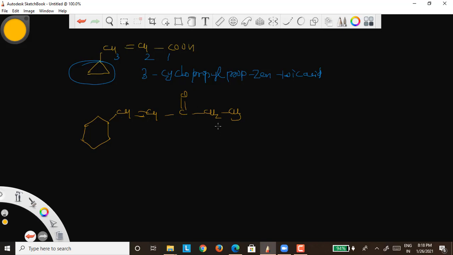So you should number the minimum number for ketone. But this way 1, 2, 3, and this way also 1, 2, 3. So ketone 3 is coming, but you have to take alkene also minimum. So for alkene minimum, you have to take 1, 2, 3, 4, 5. So alkene and ketone both are coming.